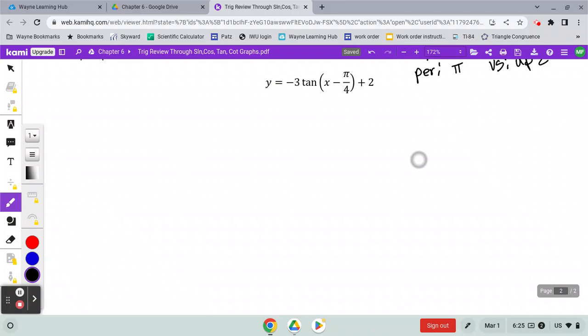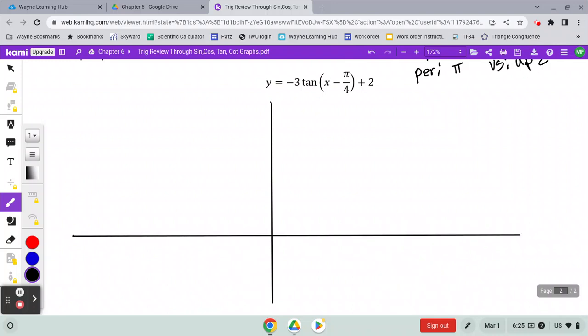So also remember with tan, try to put it in the middle. We need 3 periods here. We can go ahead and draw this. We know it's going up 2, so 1, 2. The highest it'll get to is 3 above that. The amplitude's 3, so 1, 2, 3 above that, all the way up to 5. Now the lowest it'll get from 2 is down 1, down 0, down to -1, just like on the front.